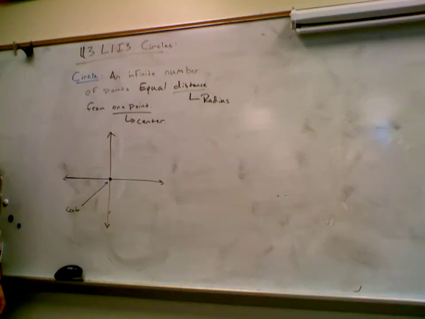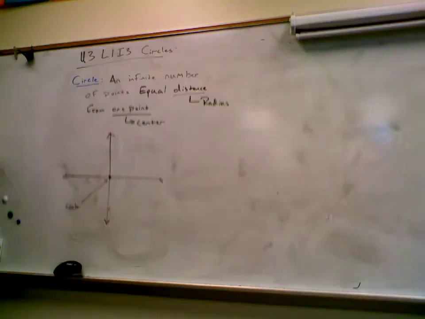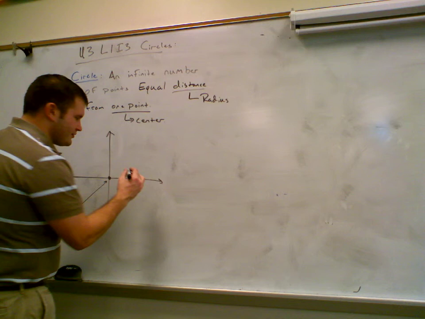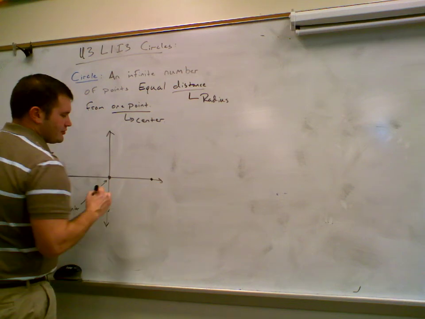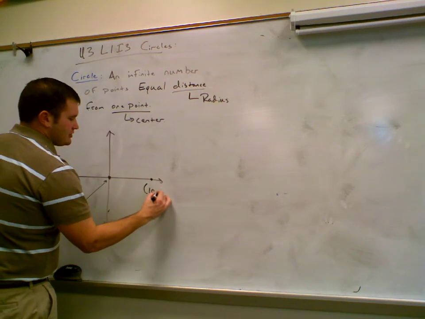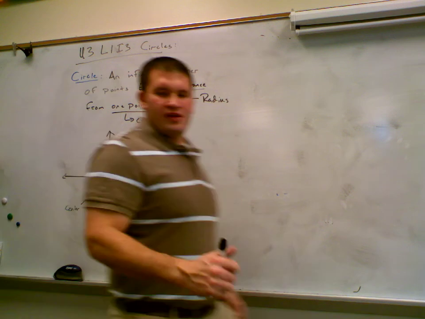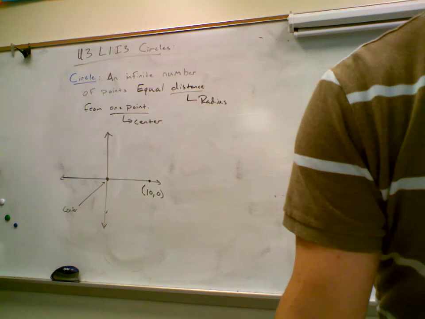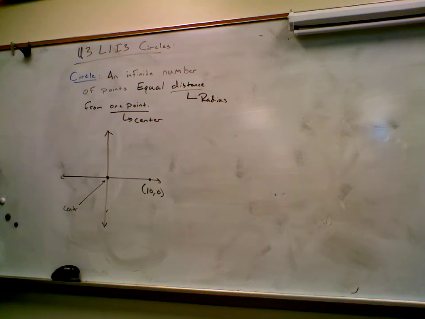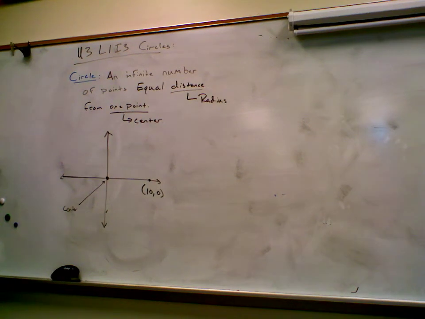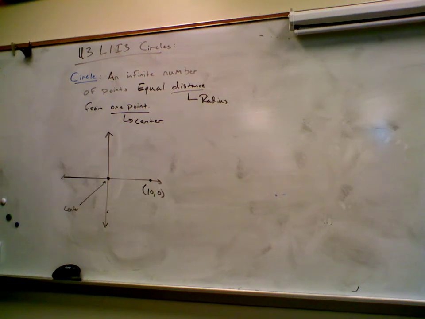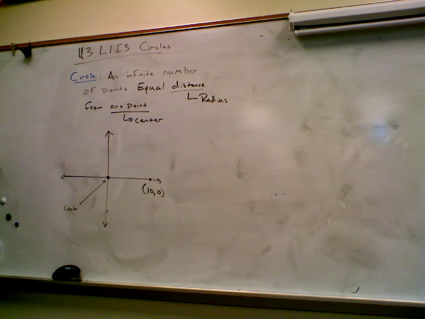Okay? That's going to be our center. Now this next point, we're going to have this be 10, comma 0. If 0, 0 is our center, and 10, 0 is on our circle, okay? So 0, 0 is our center, and 10, 0 is on our circle.